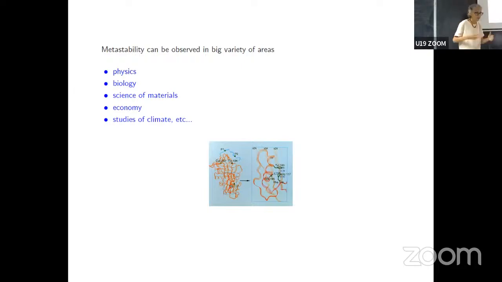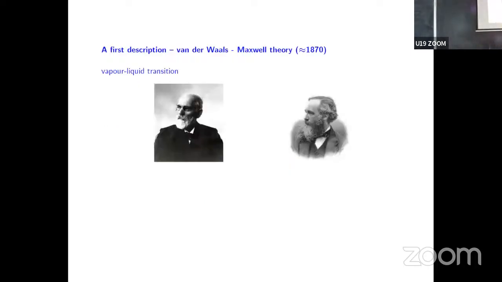In physics, these nanostructures, you have plenty of metastable states. In biology, I just put a picture from the web, which is some proteins. In materials, because many times it's very important to have some alloys which are metastable, and they are important for the applications. In economy, maybe some bubbles which are metastable. Study of climate. So it's frequent, you find examples everywhere.